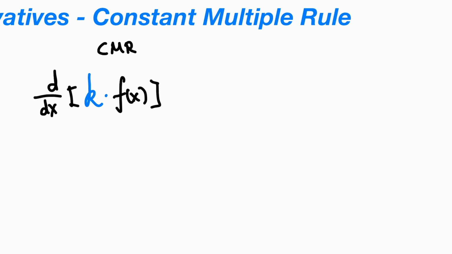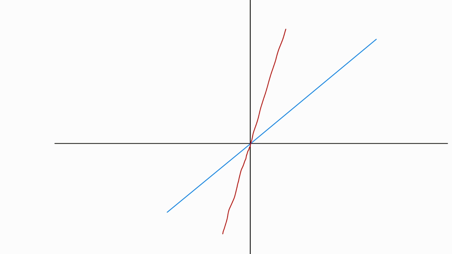So if I draw a graph over here, let's draw it using a thin line. Let's create a linear function first, a linear function going through the origin. I really want it to go through the origin. Let's say this function is defined by f of x is equal to x, and this one is defined by g of x is equal to 2x.